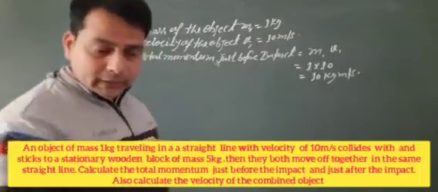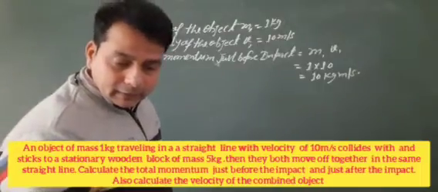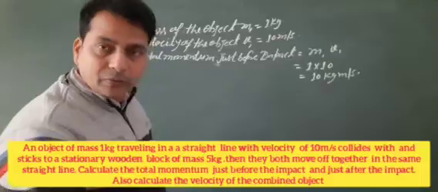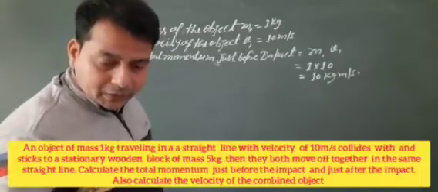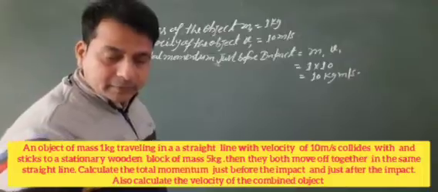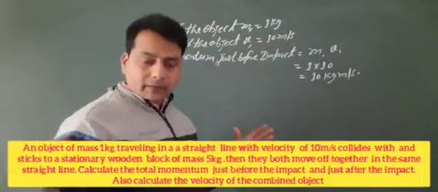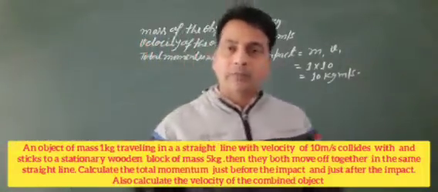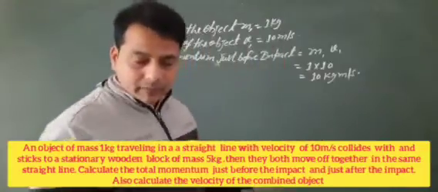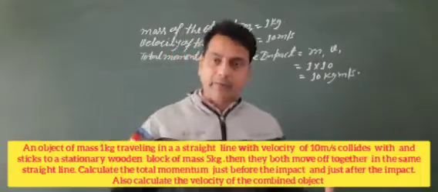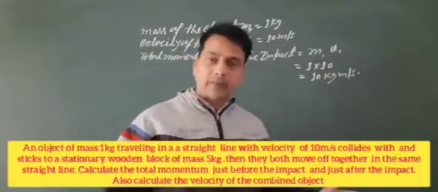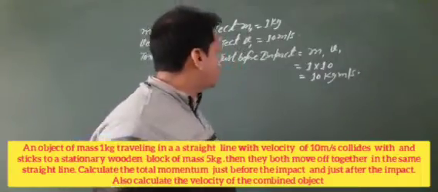Now next, they both move off together in the same straight line. We know the principle of conservation of momentum: the total momentum just before the impact is the same as the total momentum after the impact.